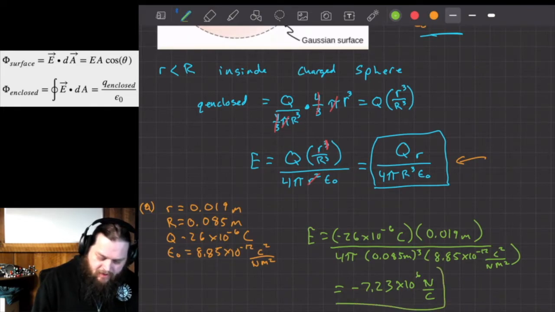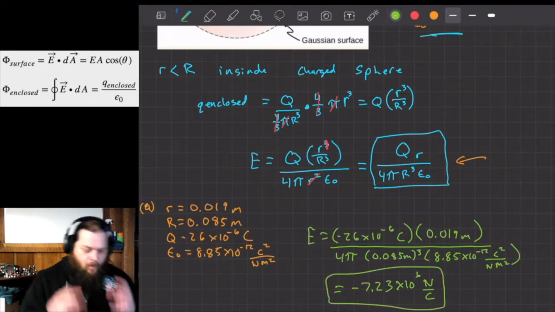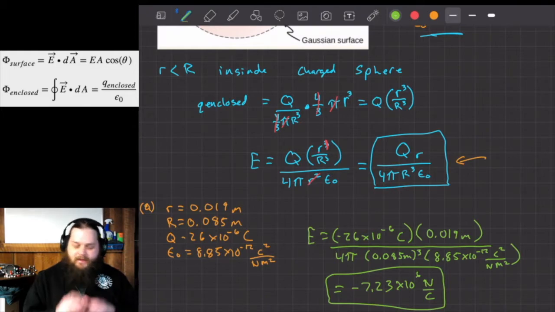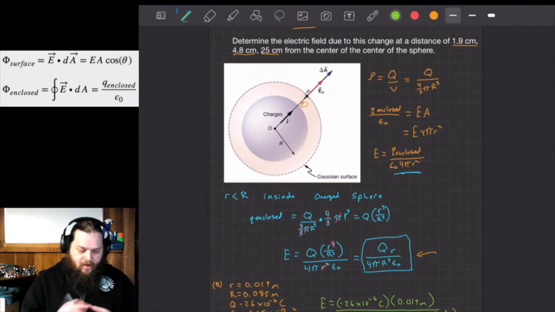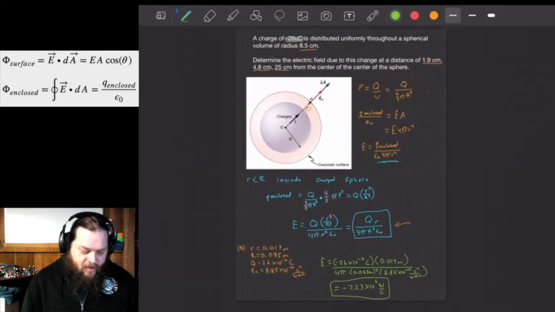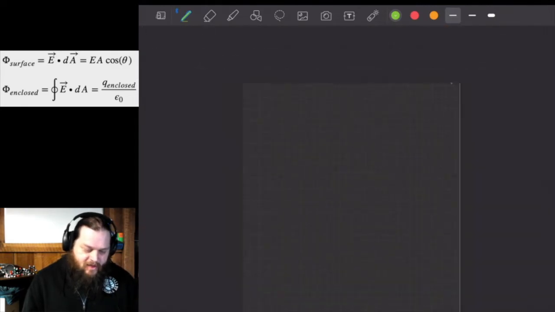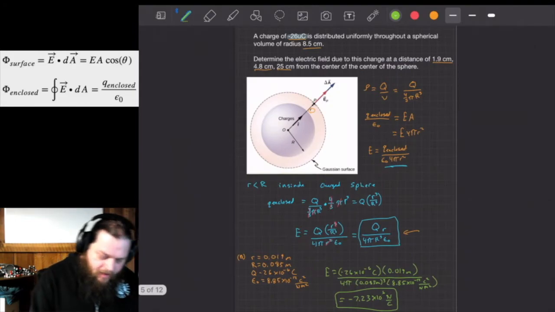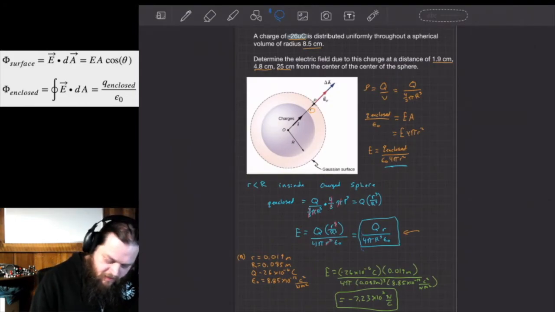And that's going to be the electric field with a Gaussian surface at a radius of 1.9 centimeters within that uniformly charged sphere. So now we've got two more values to do. We can use that same formula. I'm actually going to just copy and paste so we can have it as a reference.